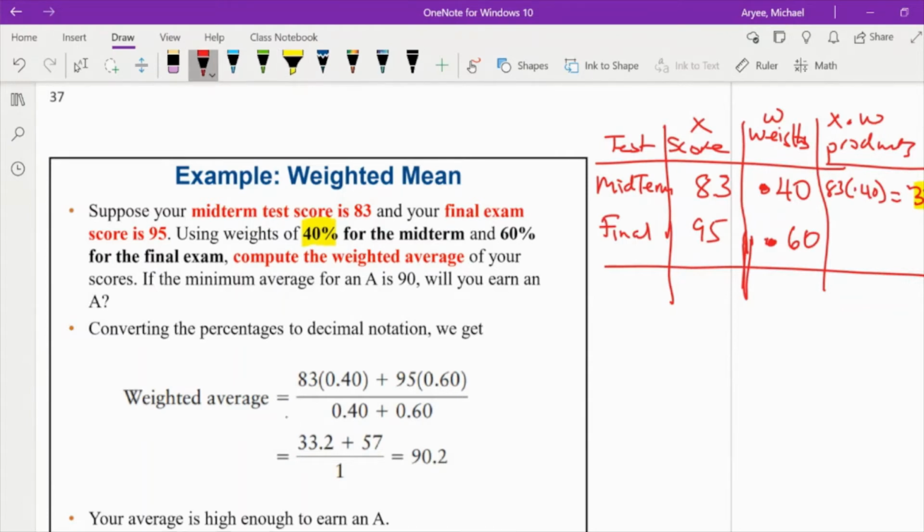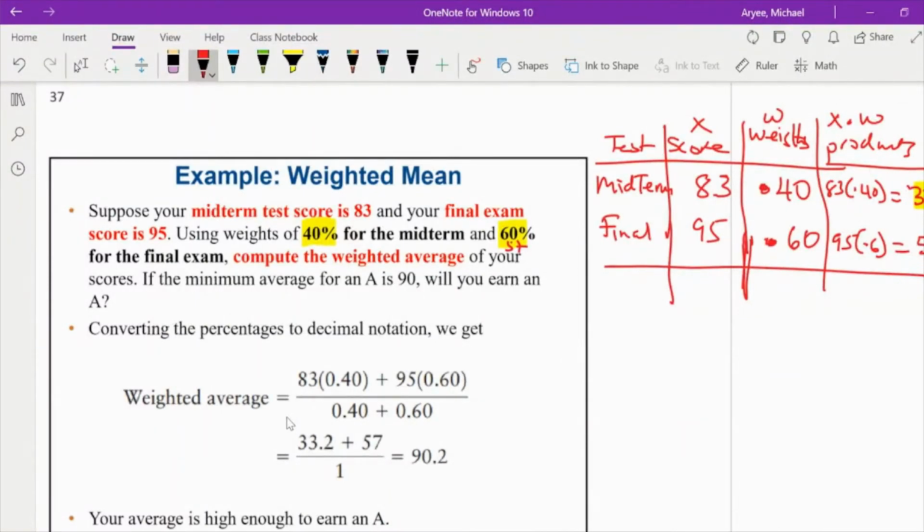Then we come to the final. You do 95 times 0.6. That gives you 57, which means that out of the 60 points for the final, the student gained 57. So the student lost only 3 points from that.